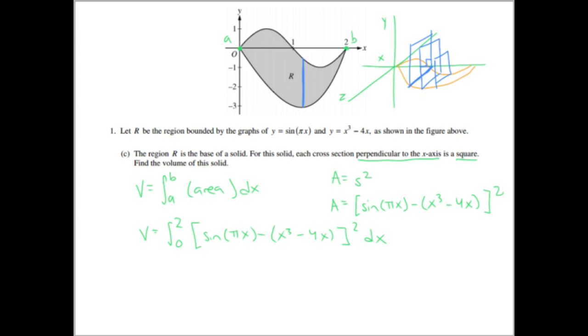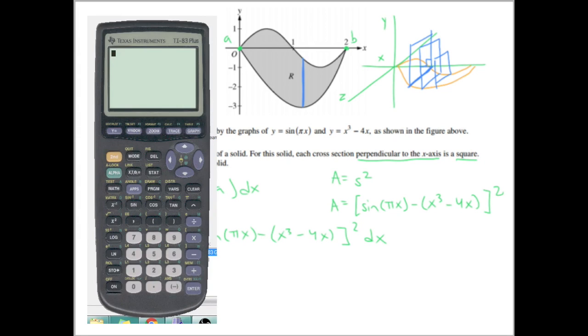And then to find this, we just plug this into the graphing calculator. So we go to math, fnInt, we're going to put in what we wrote there, so sine pi x minus x to the third minus 4x squared.